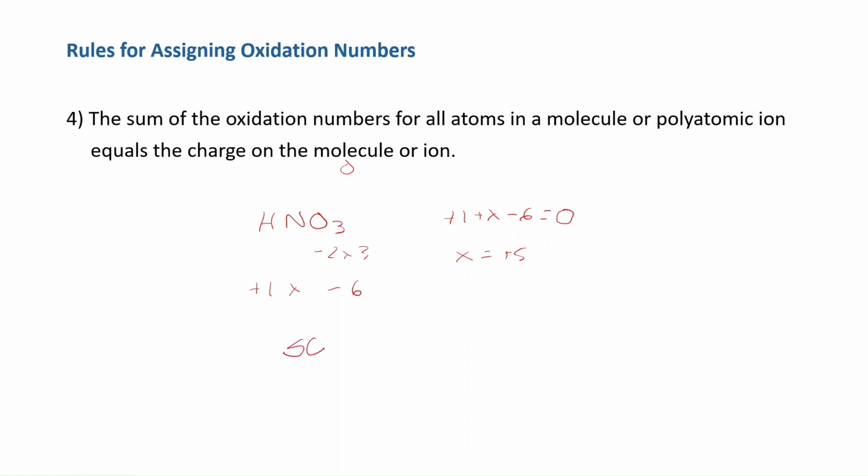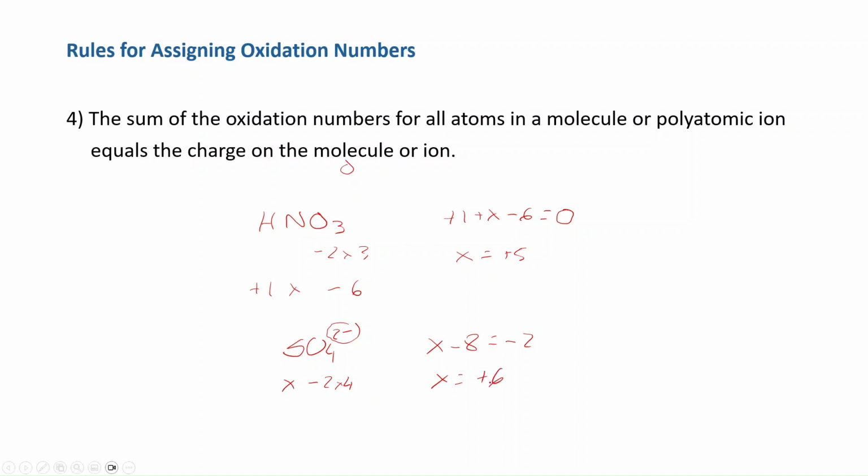Let's say you have an ion, sulfate, minus 2. And you say, well, I know oxygen is minus 2, and I have 4. I don't know this one. So I say x minus 8 equals not 0. It equals the charge of the ion, minus 2. So x has to be what? Plus 6.